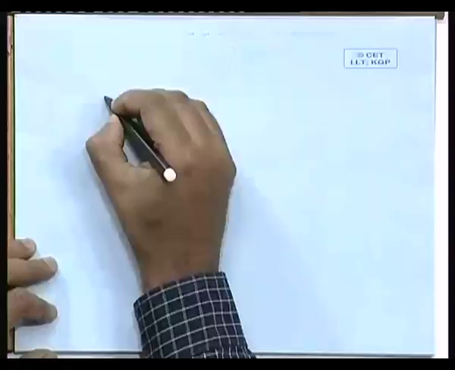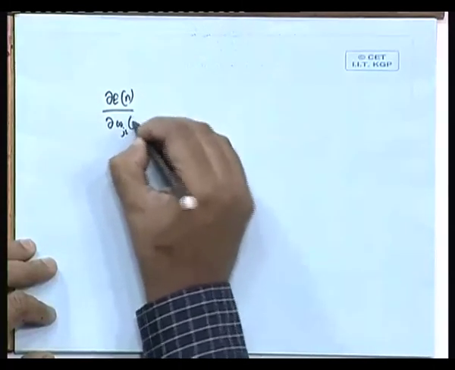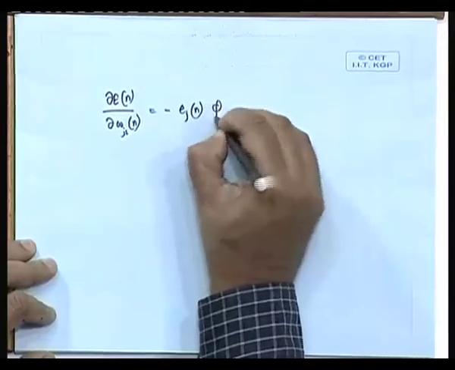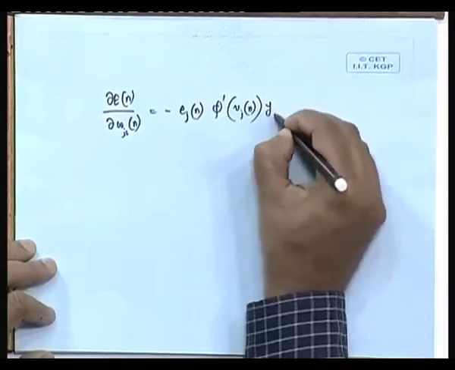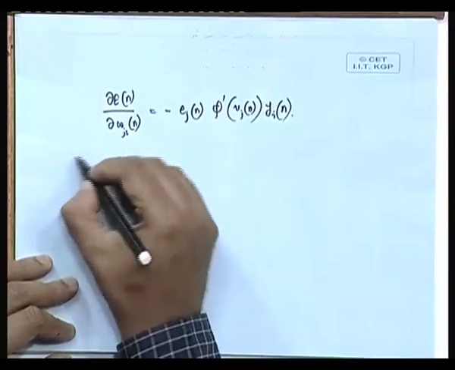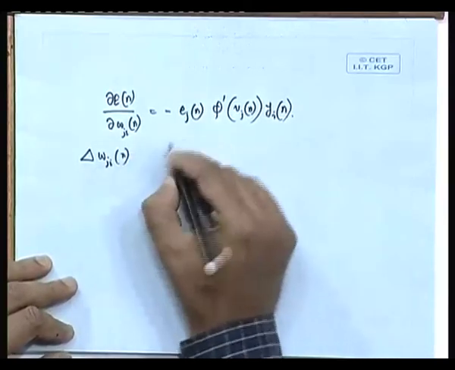We can express it as follows: dou En dou Wjin is equal to minus Ejn phi dash Vjn Yin.